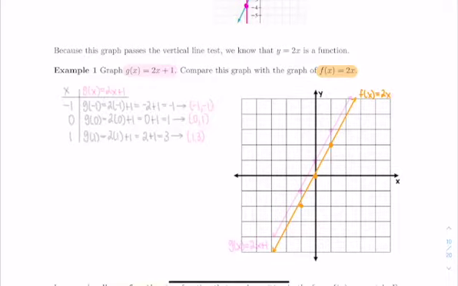Let's go ahead and graph g of x, which is 2x plus 1. I'm going to pick some points for x and plug them in to get the corresponding y values. Let's pick the same ones that they did above, negative 1, 0, and 1, and plug them into our function g of x equals 2x plus 1.